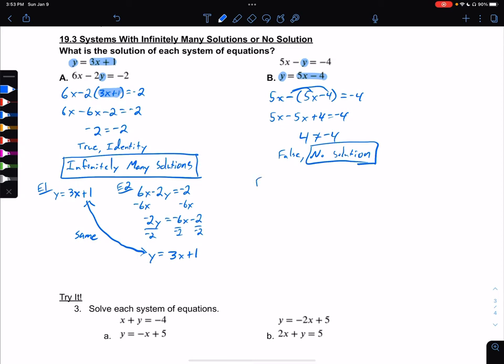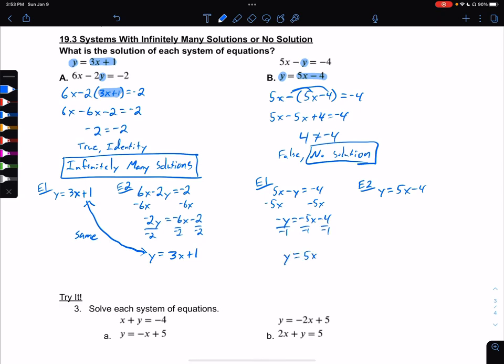So if I take equation 1, that 5x minus y equals negative 4, and if we go back to equation 2, which was y equals 5x minus 4, if I put them in the same form, I get negative y equals negative 5x minus 4, and then I would divide everything by negative 1.